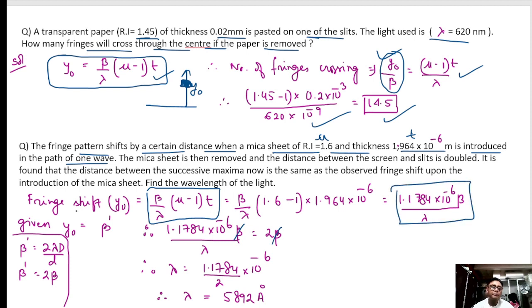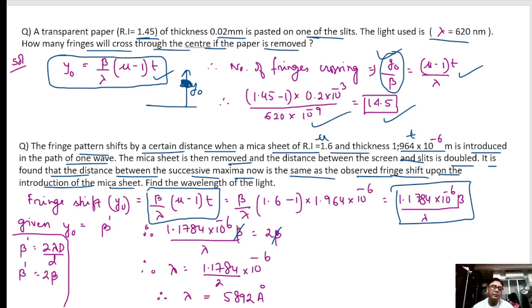And now they are telling the mica sheet is now removed and the distance between the screen and the slits is doubled. It is found that the distance between the successive maxima now is the same as the observed fringe shift upon the introduction of the mica sheet. Find the wavelength.